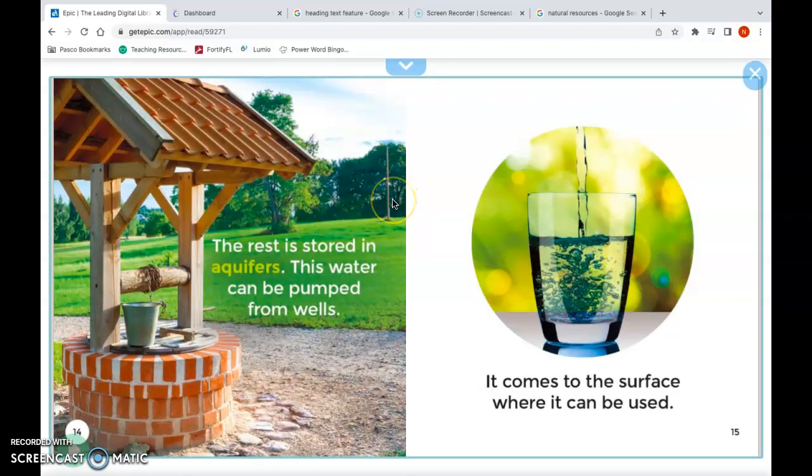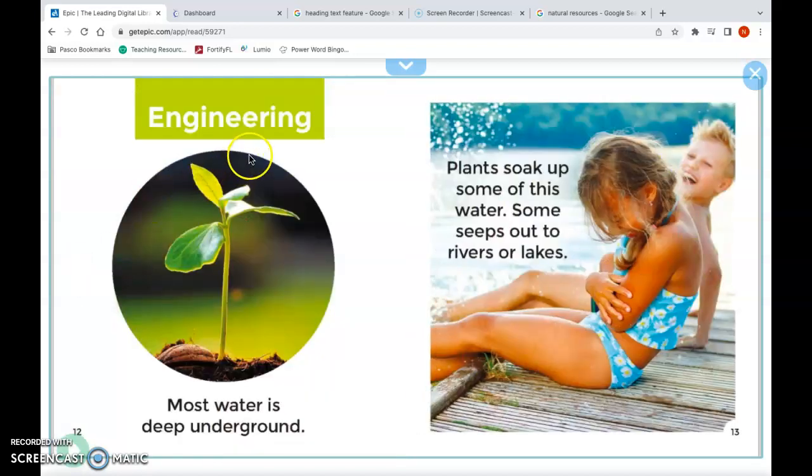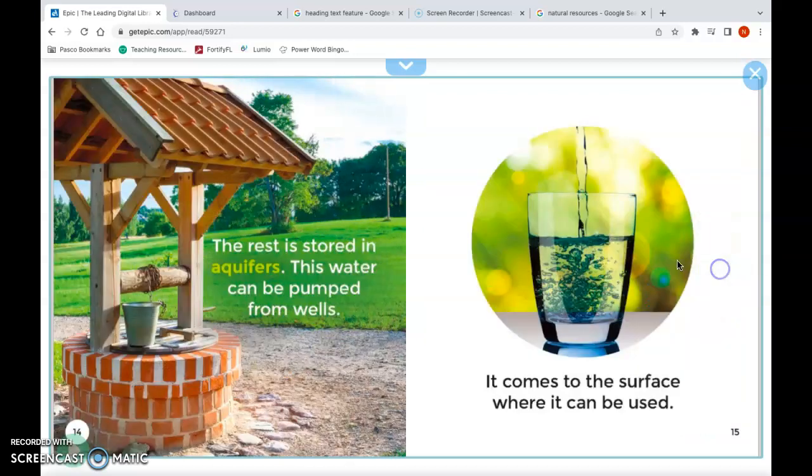The rest is stored in aquifers. This water can be pumped from wells. So here's an example of a well. It comes to the surface where it can be used. So again, friends, this heading of engineering is telling you how water is kept underground and how it can be surfaced and seeps up from rivers or lakes, and then it's stored into aquifers, and then it's pumped from wells.